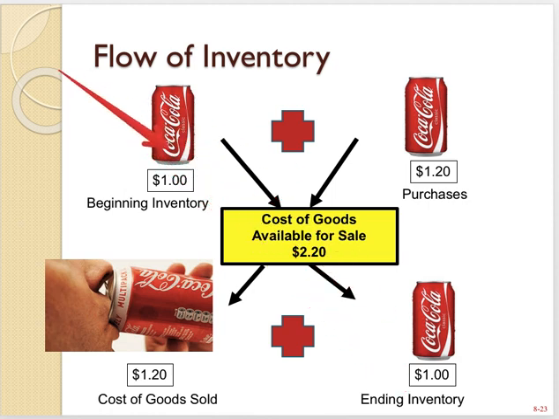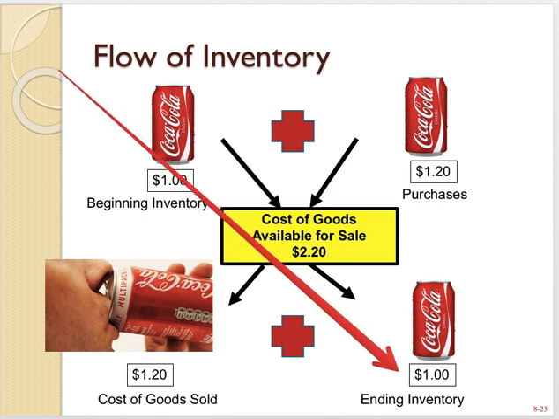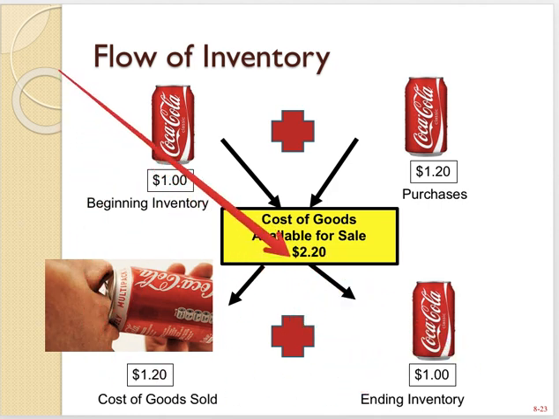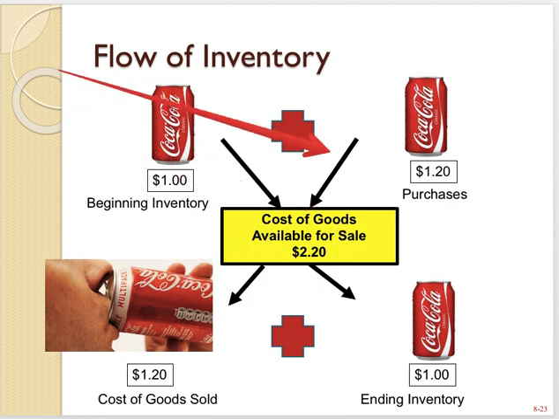Again, as you see, the beginning inventory of $1 plus $1.20 equals your cost of goods available for sale, which is $2.20. That was divided between what you sold, which was $1.20, and what you didn't sell, which was $1, and when you add those two together, you get $2.20. So all of our math works out in our flow of inventory.